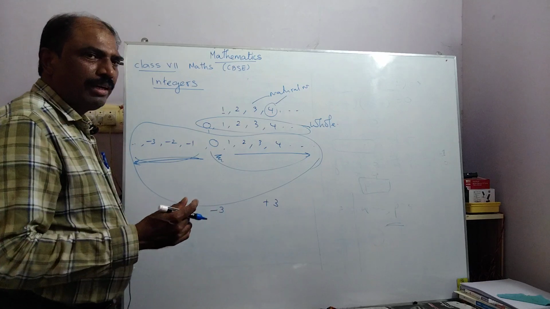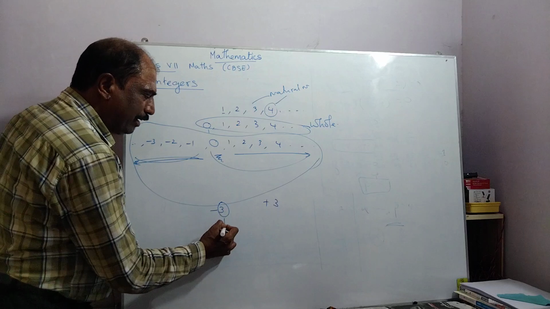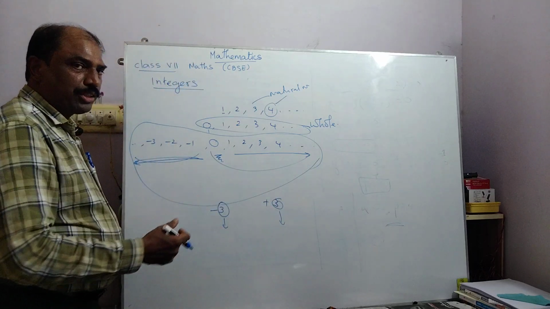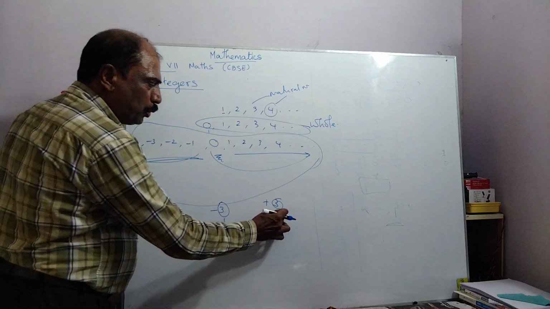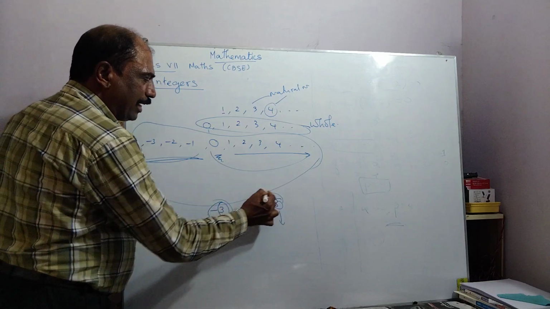So that will make the command clear. Quantity-wise they are equal, 3 is 3 only, but the direction is different. So these are two same quantities but with opposite signs.